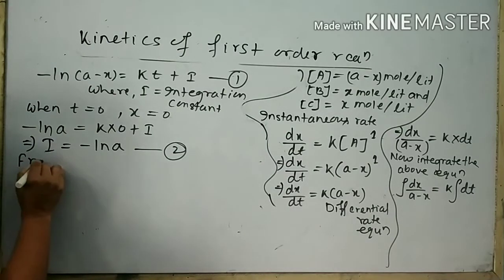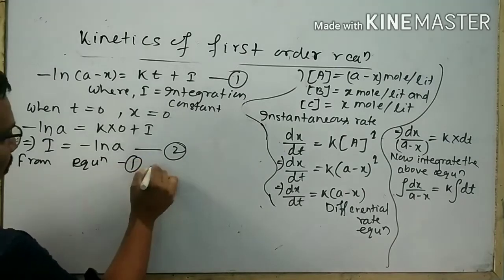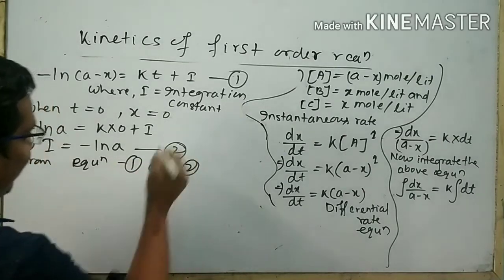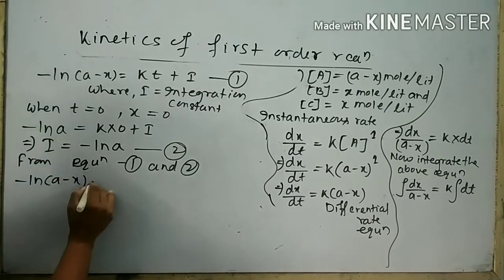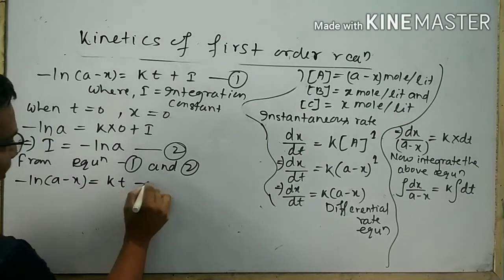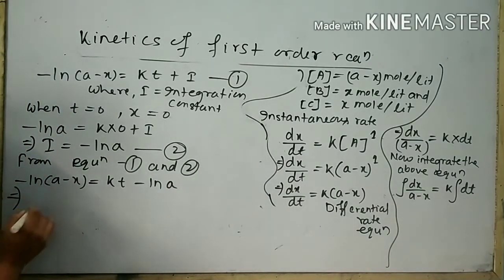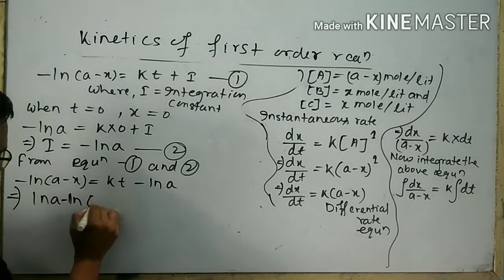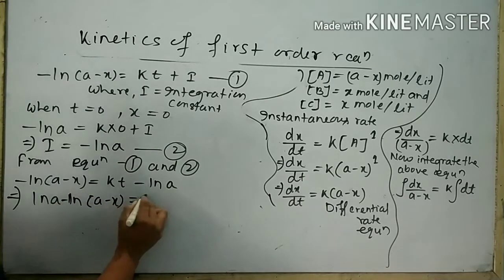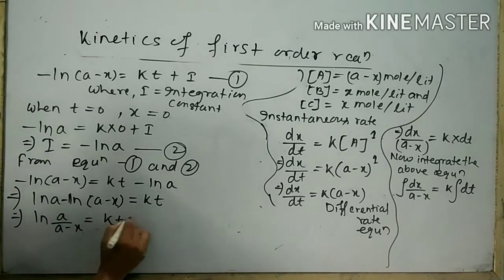From equations 1 and 2, we can write minus ln (a minus x) equals kt minus ln a. This implies ln a minus ln (a minus x) equals kt. This implies ln a by (a minus x) is equal to kt.